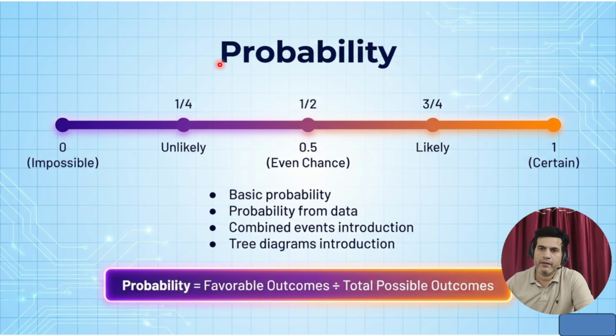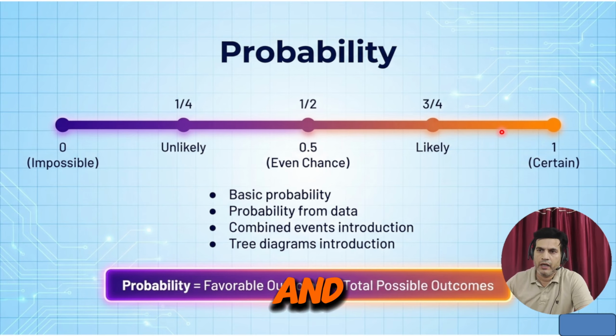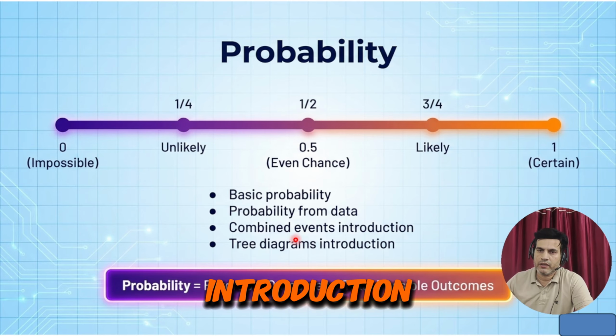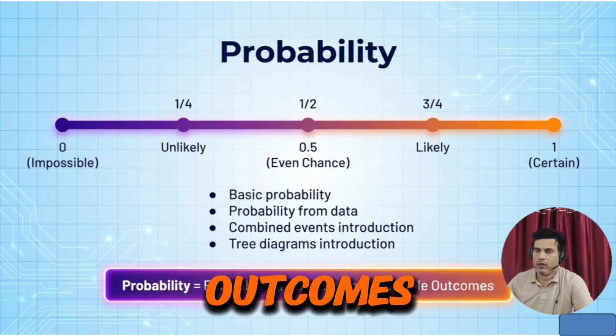And probability, the last chapter, like for an impossible event the probability is 0, and for a sure and certain event that is 1, and for even chances it is 1 by 2, so 0.5. Unlikely is 1 by 4 and likely is 3 by 4. So basic probability from the data, combining events introduction, the tree diagram introduction. The formula for that is favorable outcomes divided by total possible outcomes.